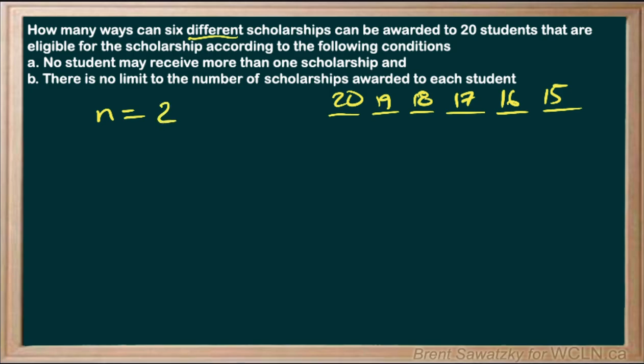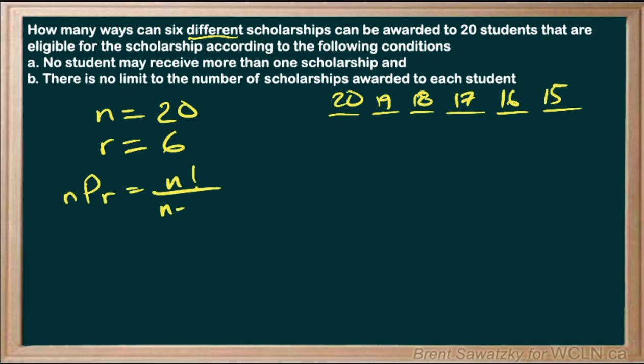We have 20 students and they have to fit into 6 different spots, or 6 different scholarships. So we could lay that out as nPr equals n factorial over n minus r factorial.